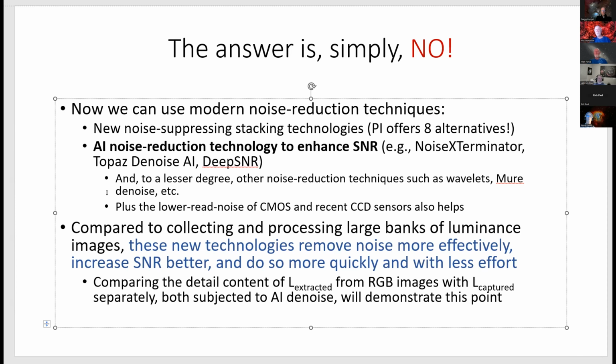And I want to compare the detail content of what I call L extracted, that is L pulled out of an RGB image. You can call a function in PixInsight to give you the L that is hidden in that RGB image, by going through XYZ and back to LAB and getting the L then.